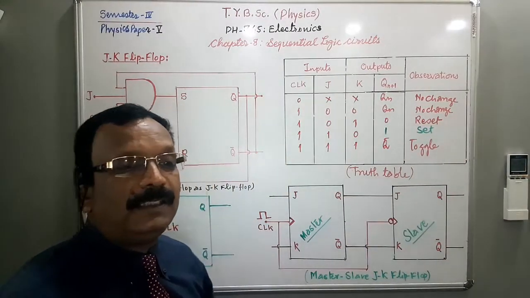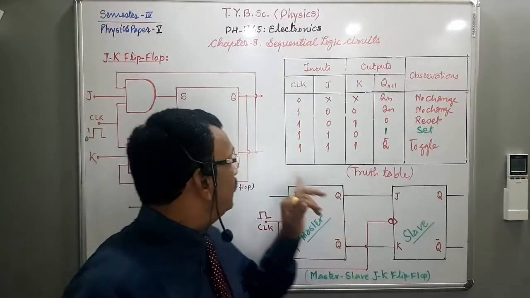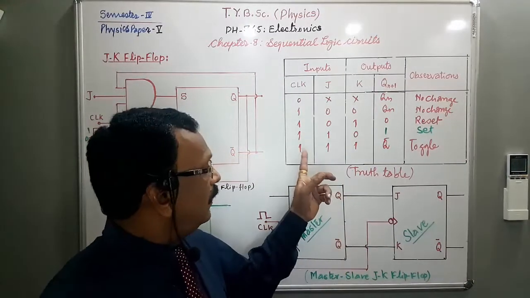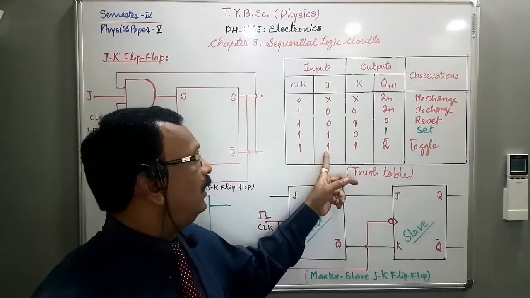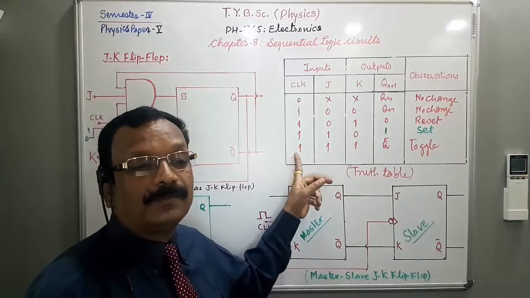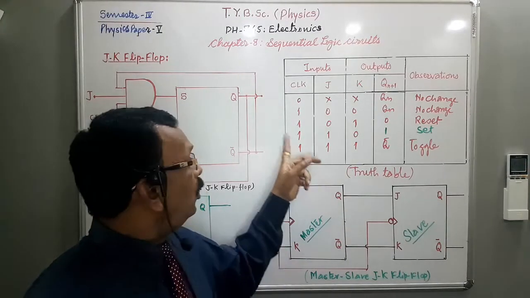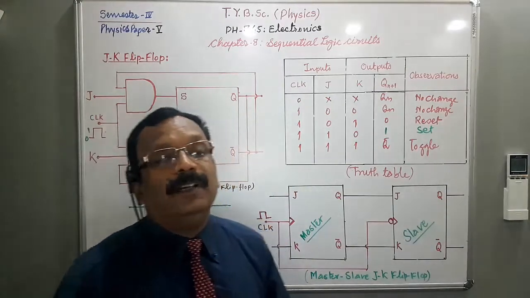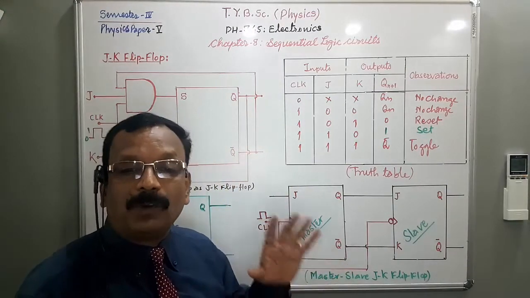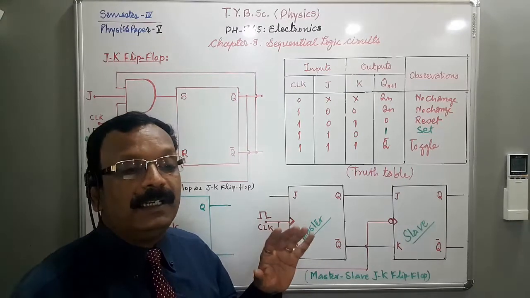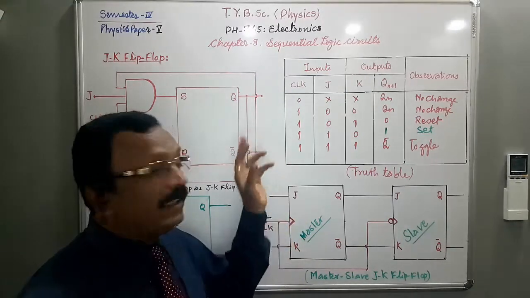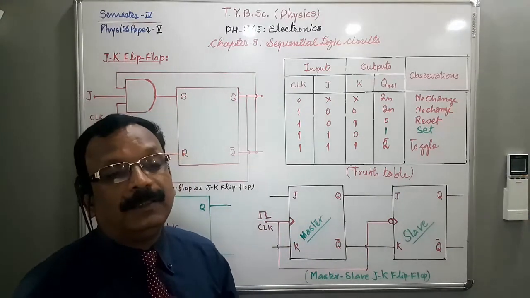That means, when both J and K are high, logically 1, for high clock pulse, both the AND gates are enabled, and hence it is possible to set or reset the flip-flop.